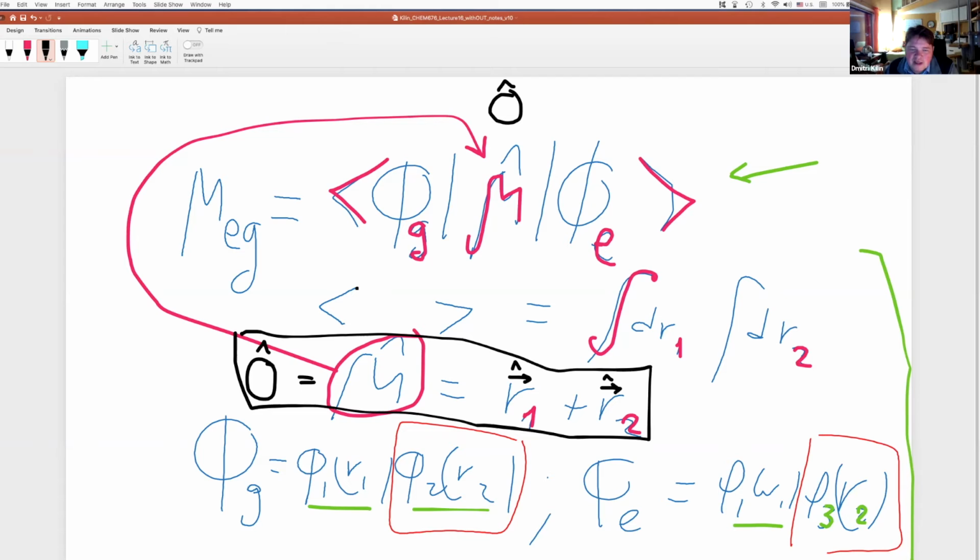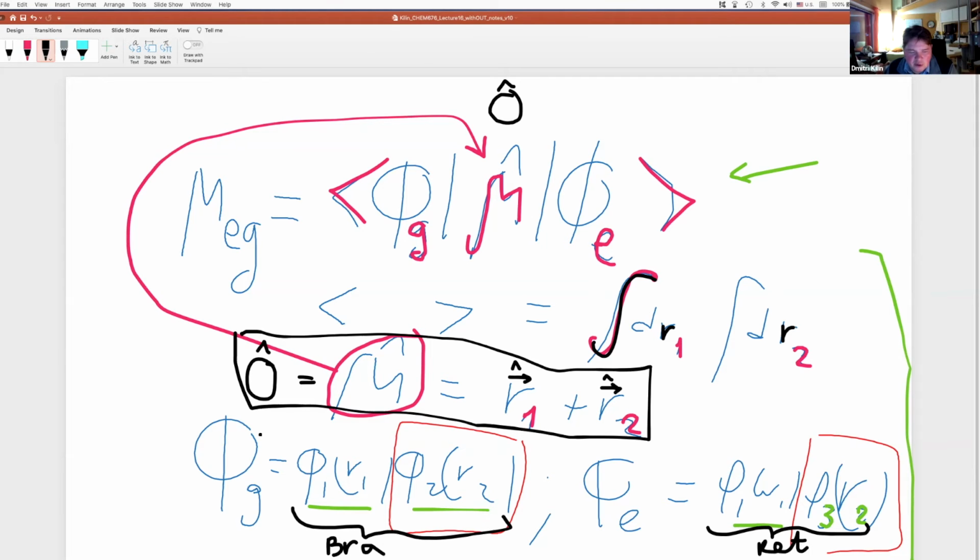The actual bra and ket procedure will correspond to performing integration over r1 and r2. And my bra on one side will be this product of wave functions, bra, and this will be ket.